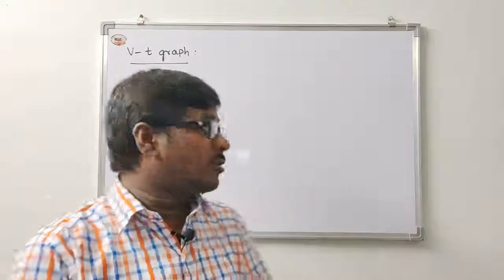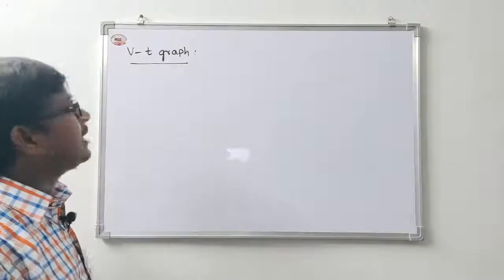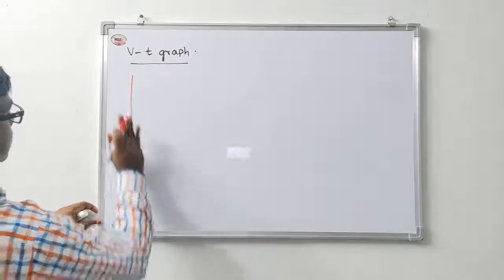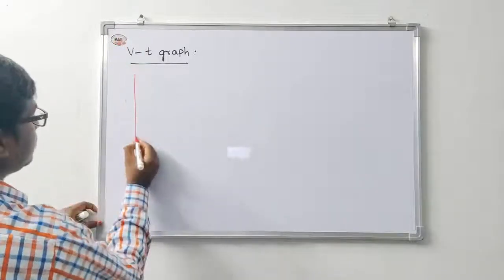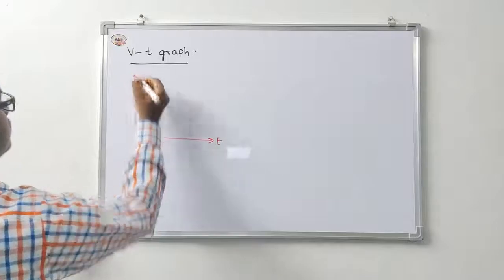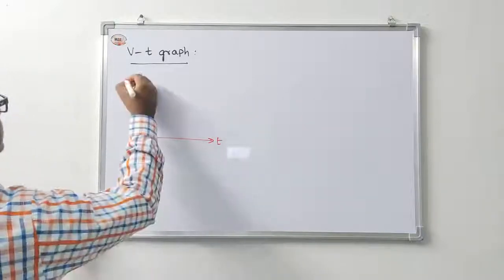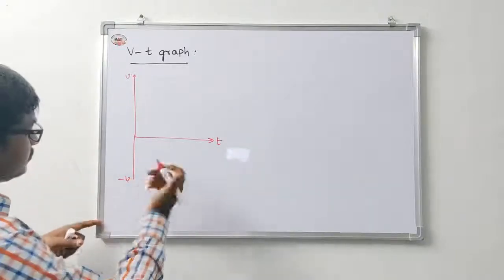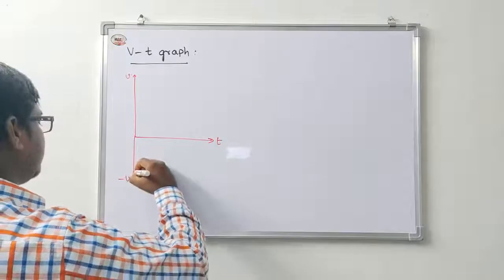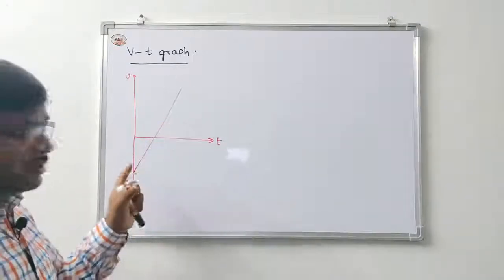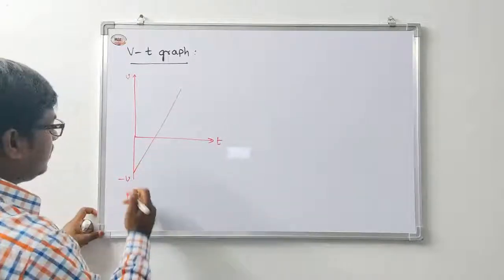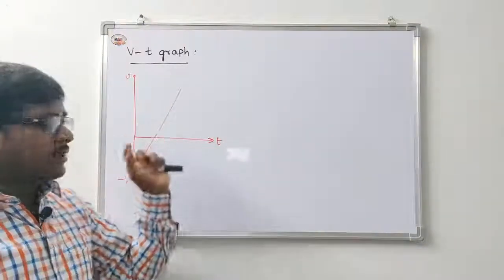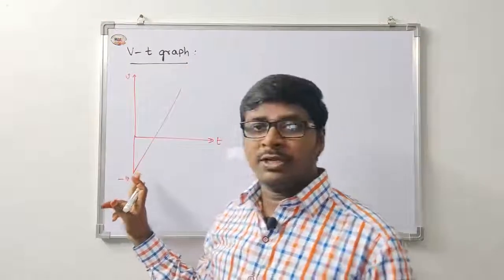These are some important graphs of the velocity time graph. Different types of graphs are drawn based on it, students. For example, on the time graph, this is the velocity, this is a negative velocity. The particle starts in this way, but with constant acceleration. This graph represents constant acceleration.